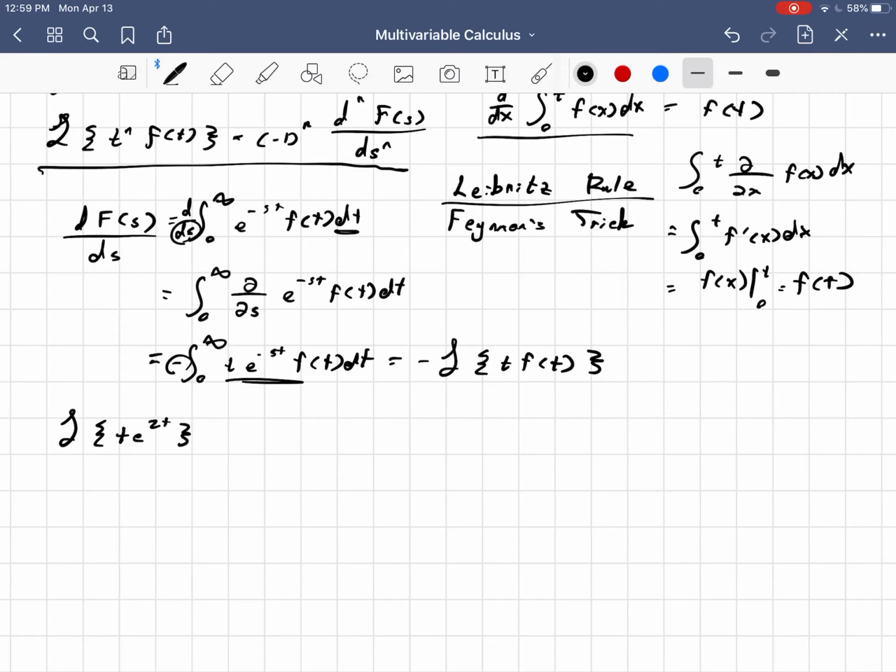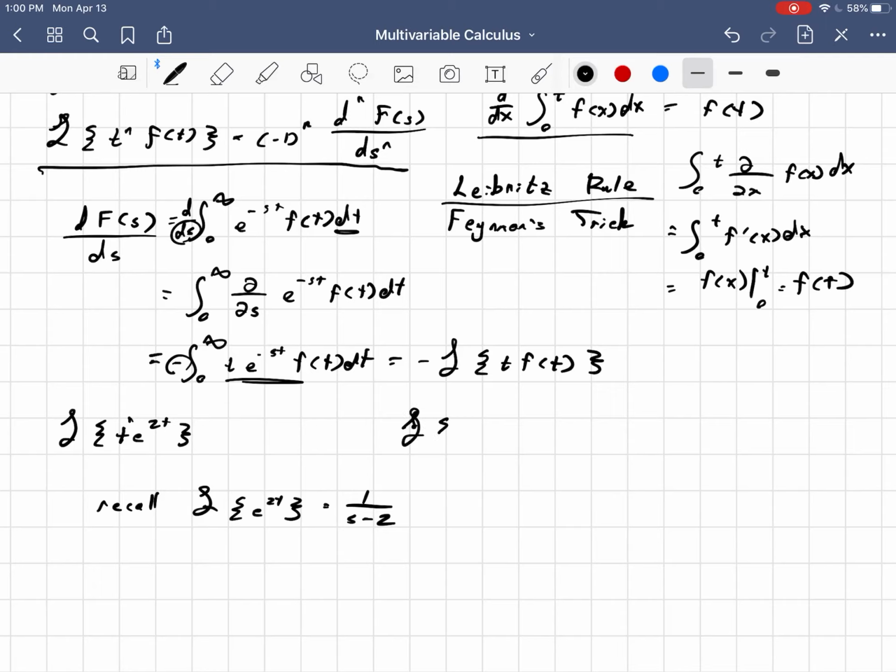So as an example, let's say I wanted the Laplace transform of t e to the 2t. What I could do is recall that the Laplace transform of e to the 2t is 1 over s minus 2.